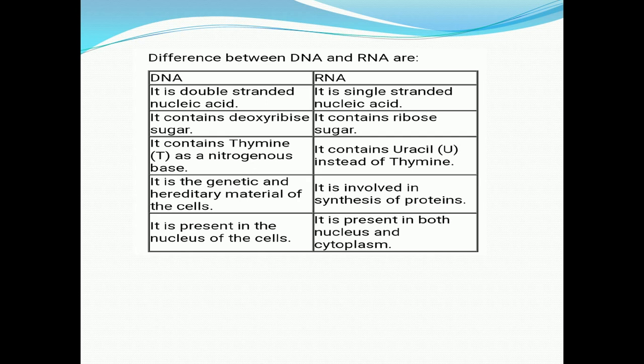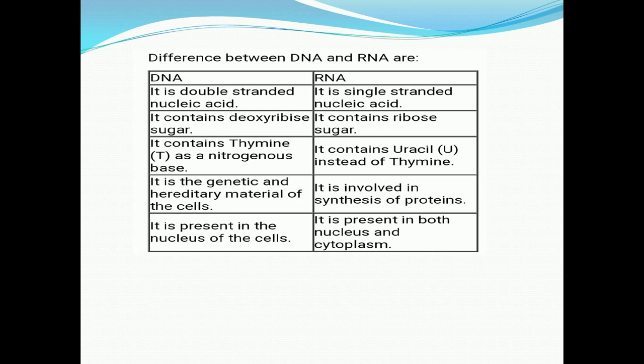DNA contains thymine as a nitrogenous base, whereas in RNA, uracil is present instead of thymine. DNA is the genetic and hereditary material of the cell, whereas RNA is involved in the synthesis of protein. DNA is present in the nucleus of the cell, whereas RNA is present both in the nucleus as well as in the cytoplasm.